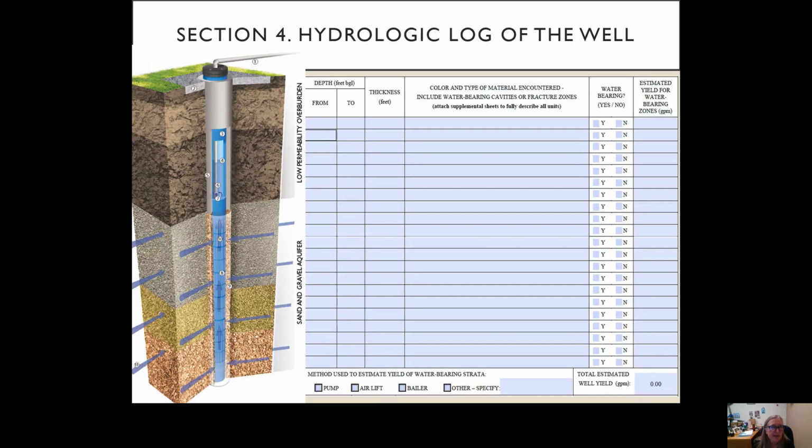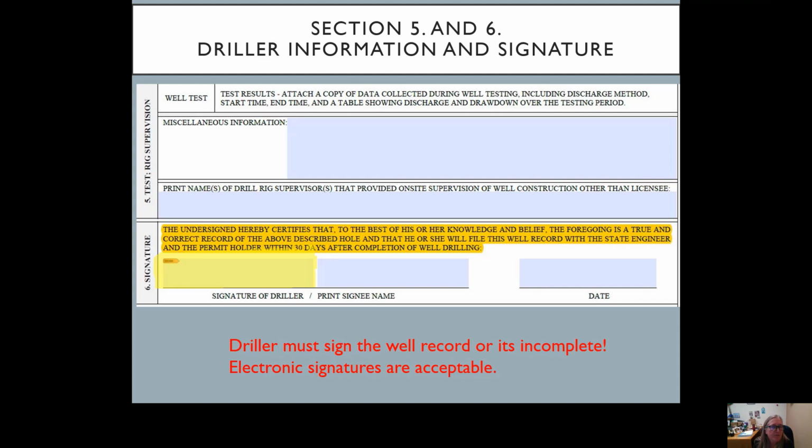And this is the back page of the well log, which is basically giving us a picture of what the subsurface looks like. We should be able to take the information and draw not only the well, but we should be able to draw what the subsurface geologic information looks like. At the bottom of page 2 are sections 5 and 6.